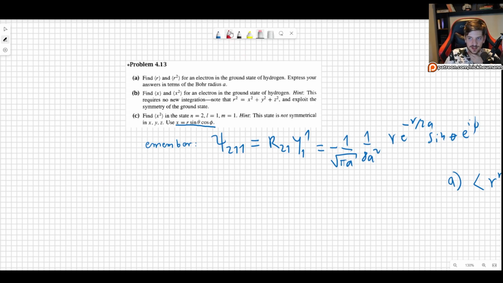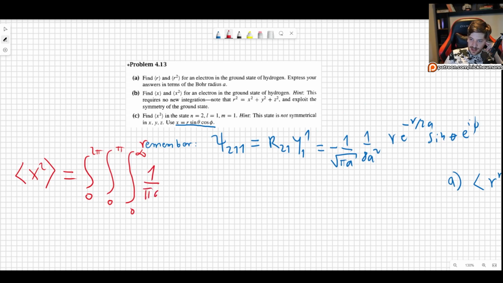So if we want to find the expectation value of x squared here, we are going to have the integral from 0 to 2 pi, integral from 0 to pi, integral from 0 to infinity. I deleted the r there. And now we have to square this thing, so we get 1 over pi a times 1 over 64a to the 4th, and then r squared e to the minus r over a, right?